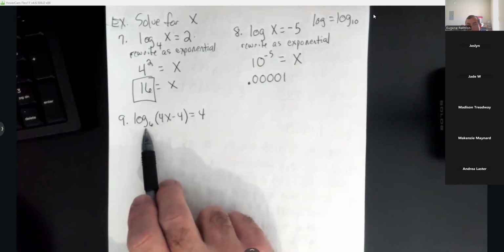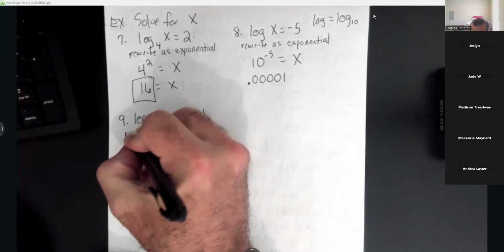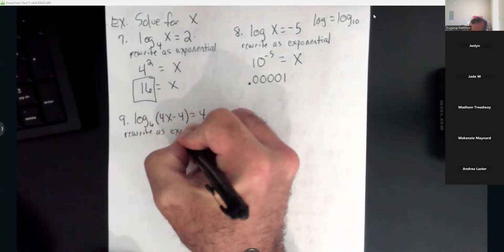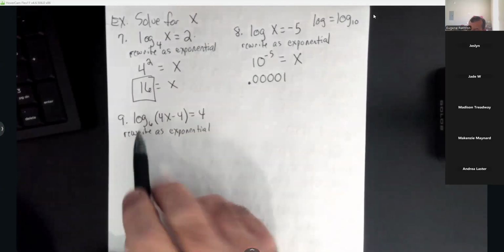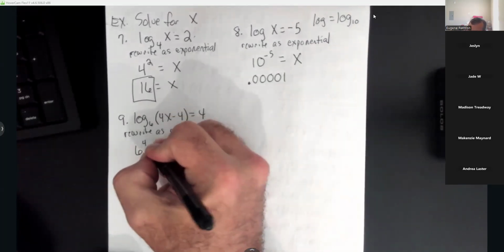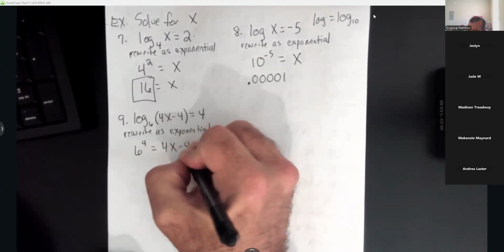I don't have a log base equal to a log base. So once again, we're going to rewrite as exponential. This time I got a base of 6, an exponent of 4, and that's going to equal 4x minus 4.